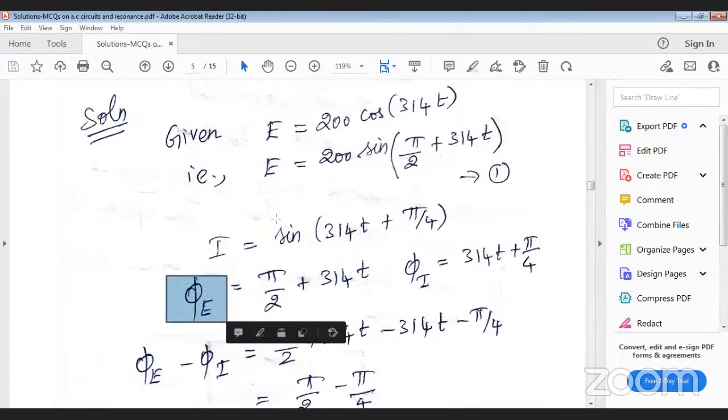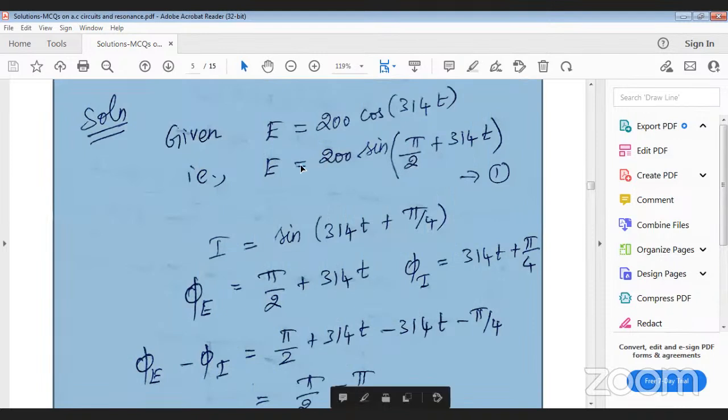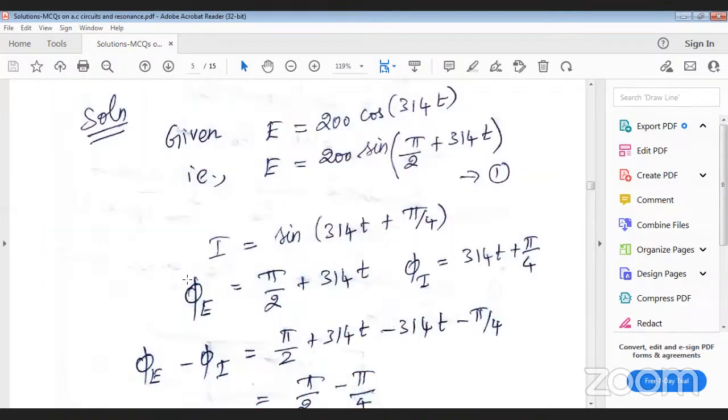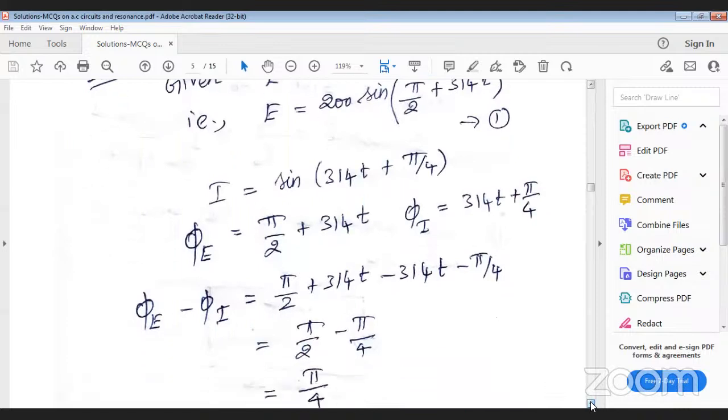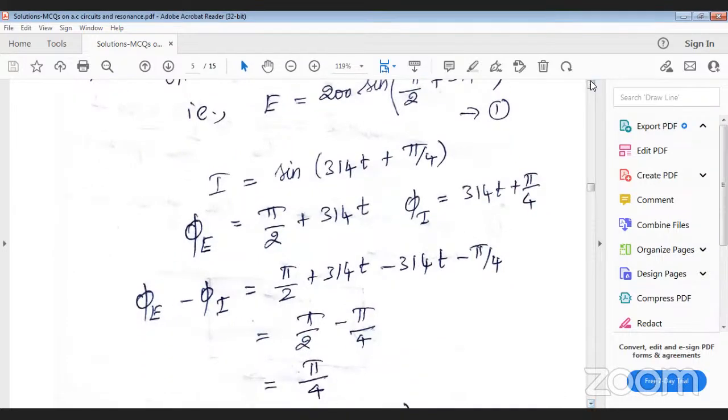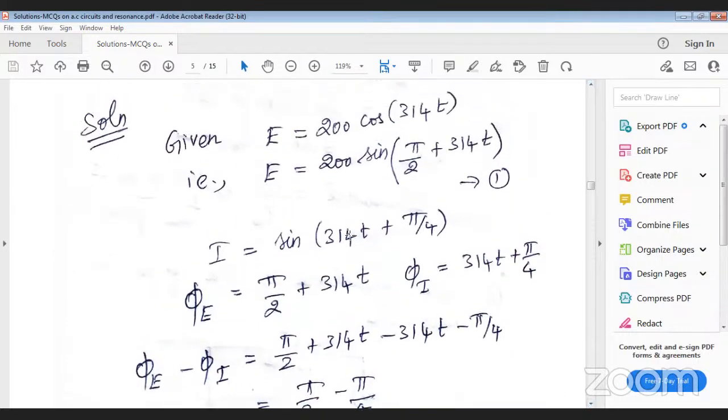Phi E means the phase for this EMF, that is called phi suffix E. The phase corresponding to this EMF equation, represented by phi suffix E, is pi by 2 plus 314t.